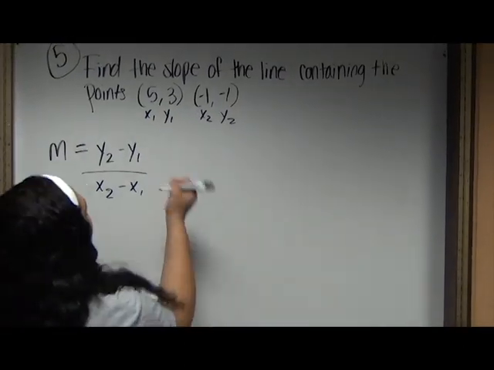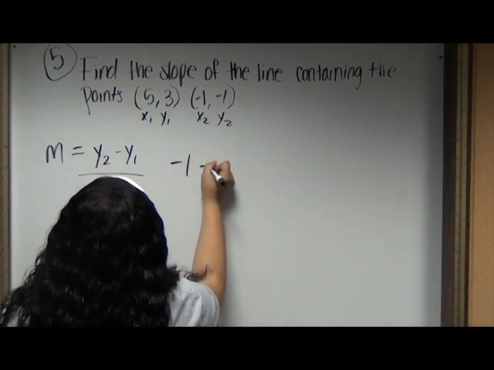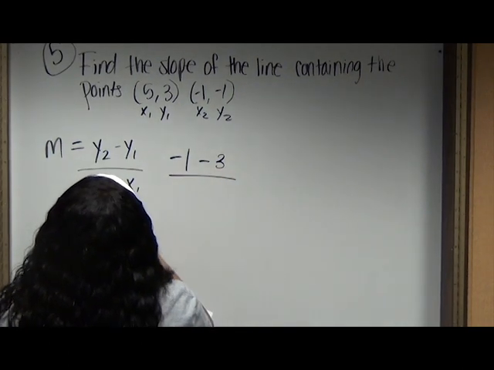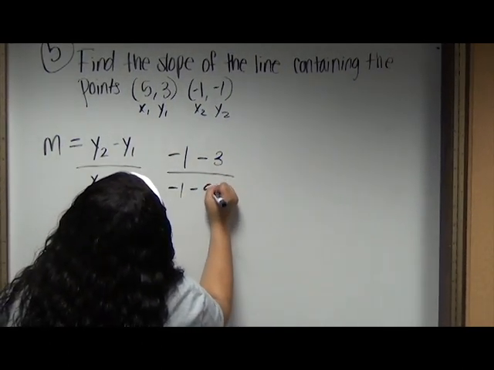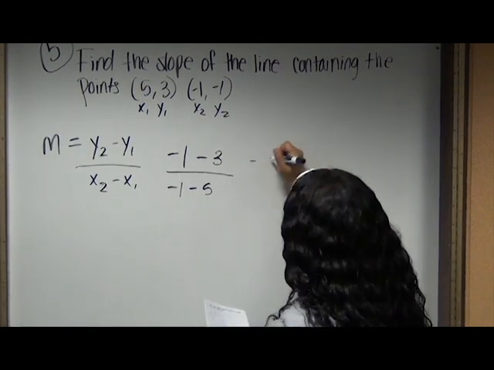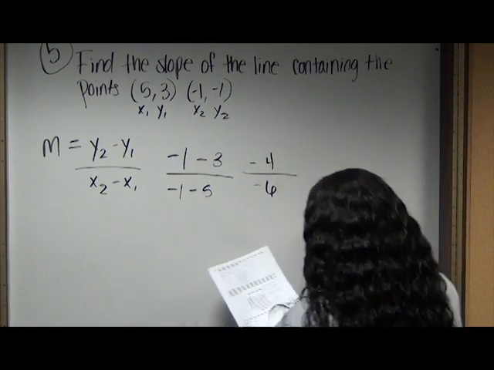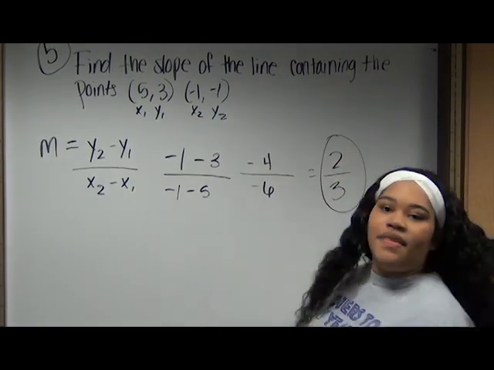Okay, so your y2 would be -1 minus your y1, which is 3, over x2, which is -1, minus your x1, which is 5. So it'll be -4 over -6, which reduces to positive 2/3.